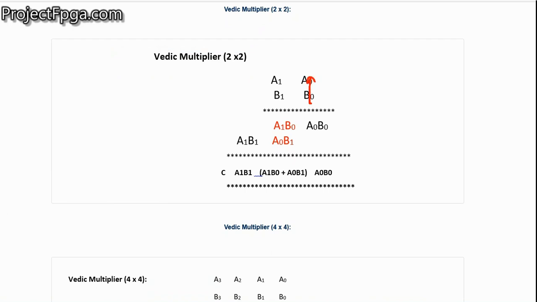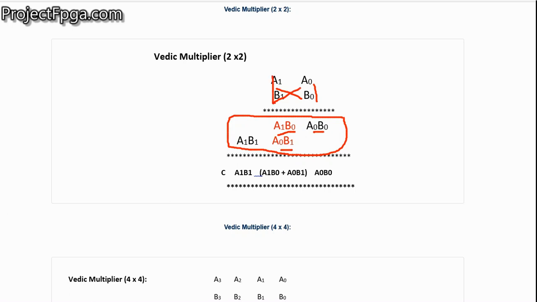Next, B0 multiplied with A1. Then another one, you now do B1 multiplied with A0, then B1 multiplied with A1. So this particular line is just a typical representation of our normal multiplication: A0 and B0, which is this one, B0 and A1, which is this one. On the second line, B1 A0, which is this one, then B1 A1, which is now this one.